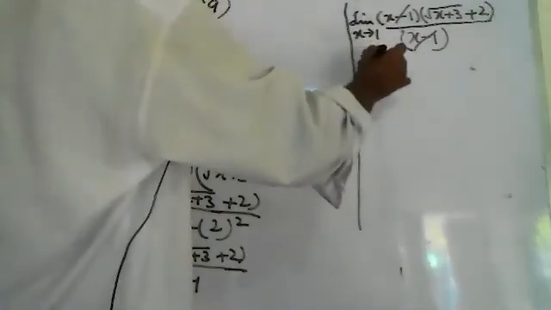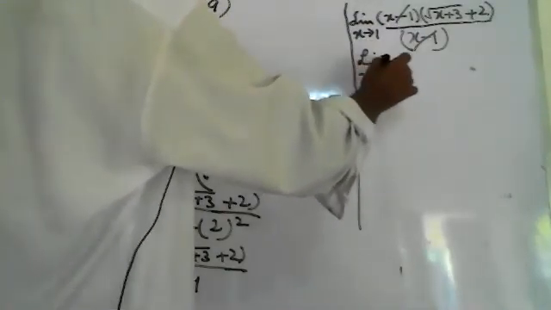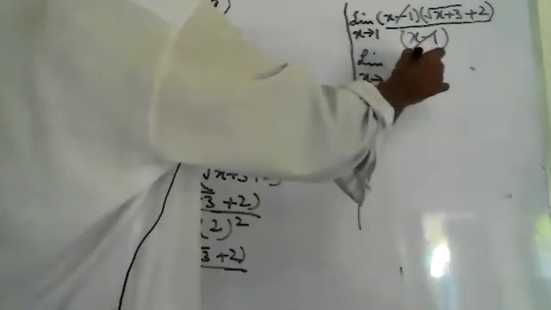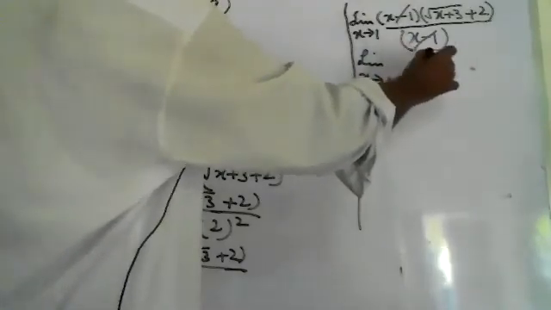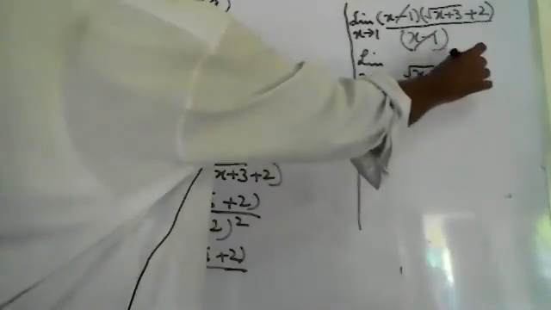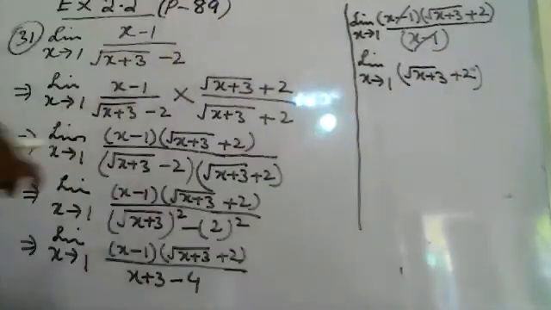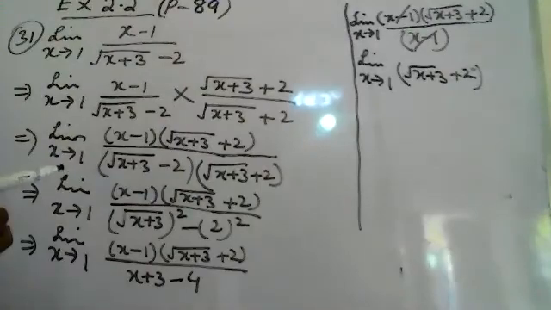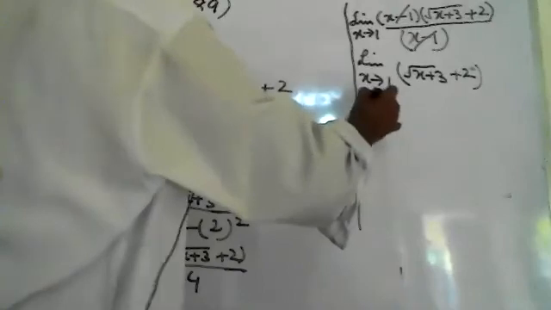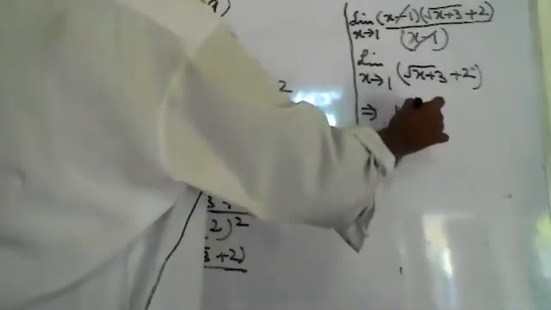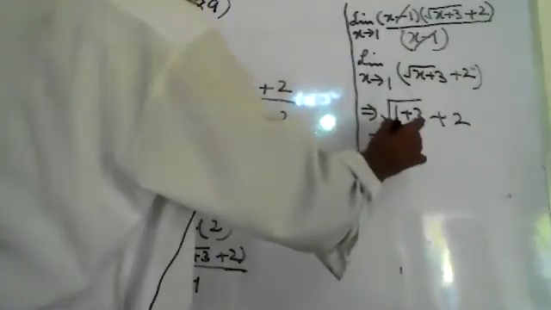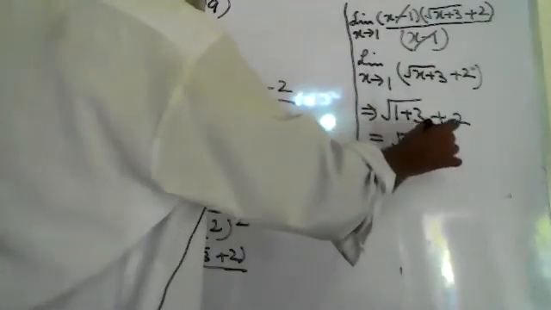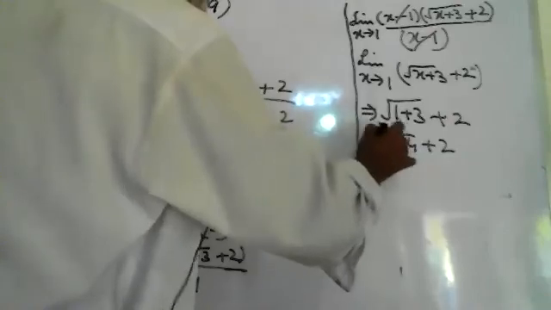We have limit x tends to 1 under root x plus 3 plus 2. Put the value of x, that is 1. It will become under root 1 plus 3, plus 2, under root 4 plus 2, 2 plus 2.